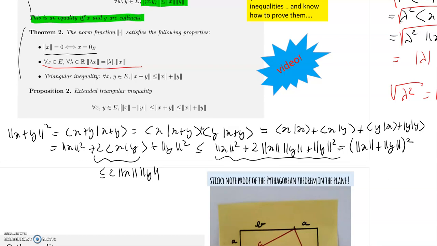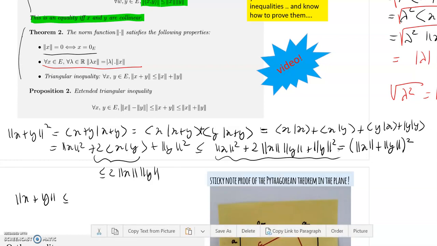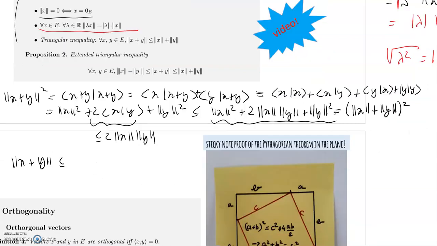So we have what we were looking for. If I take the square root of all that, I get that the norm of x plus y is smaller or equal to the norm of x plus the norm of y.